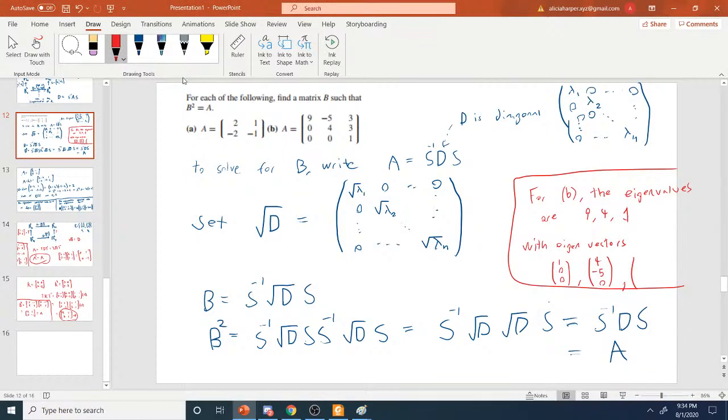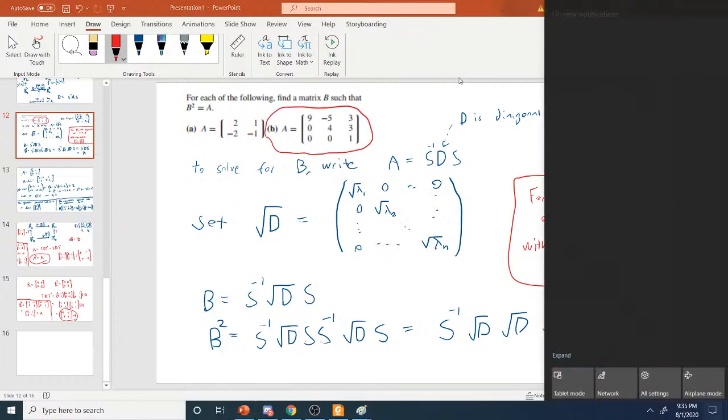And then for 1, the eigenvectors will be, let's see, I can't do that calculation in my head. Okay, so basically what you have to do to find the matrix B for the case of the second part of the problem is you have to find the eigenvalues of the matrix first.